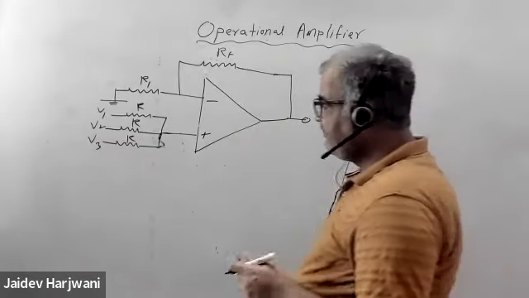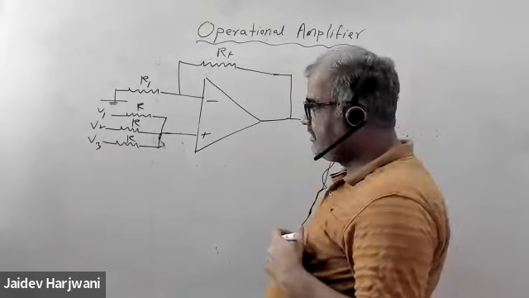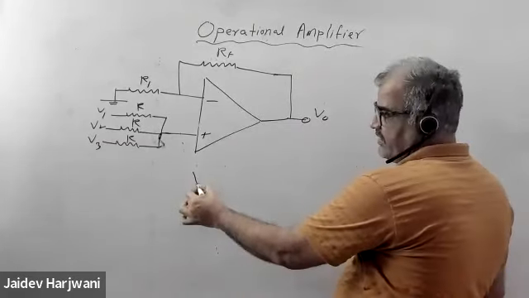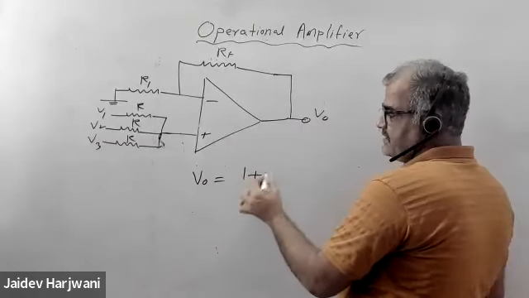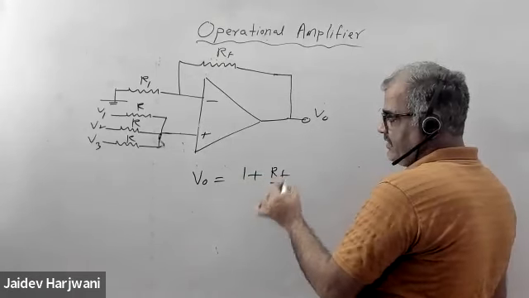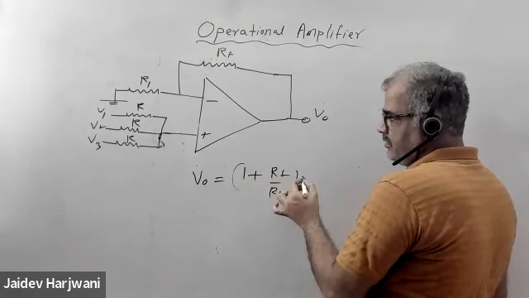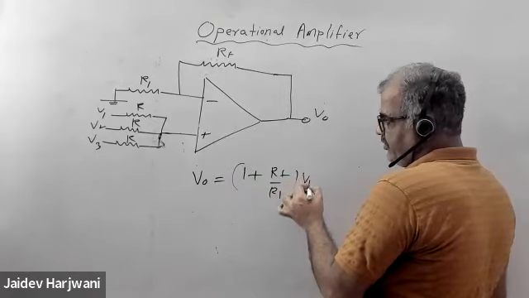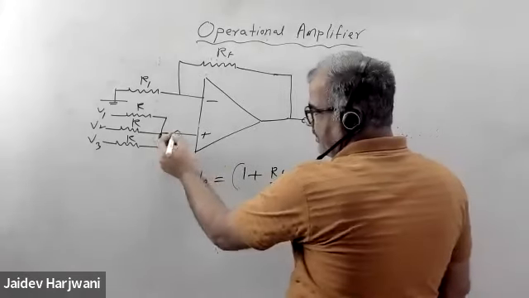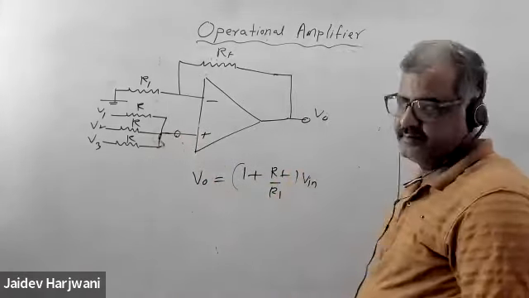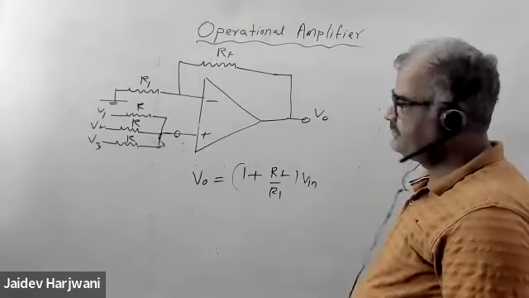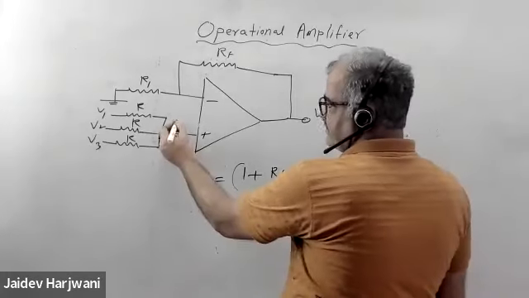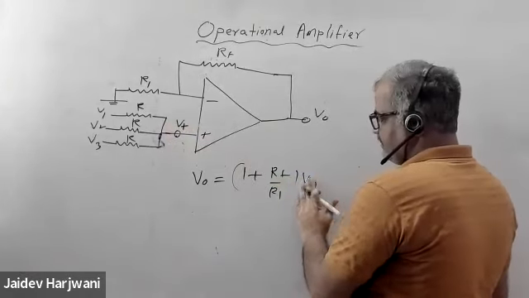So what is the formula for gain? V naught equals 1 plus RF by R1 times V input. And V input is here; we call it V plus.